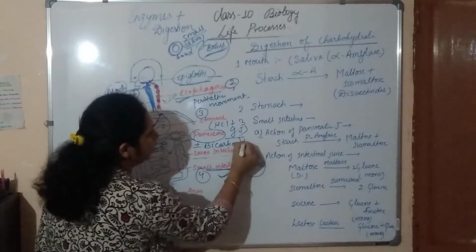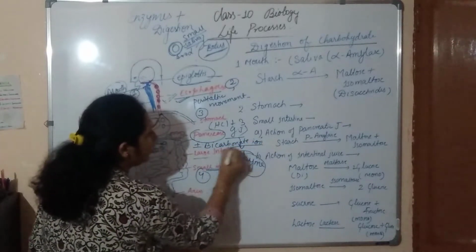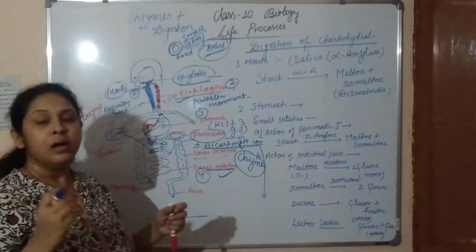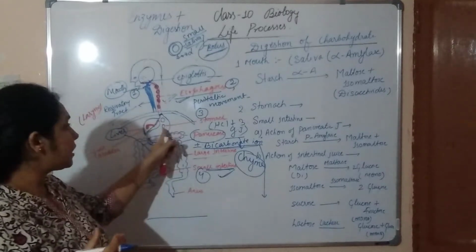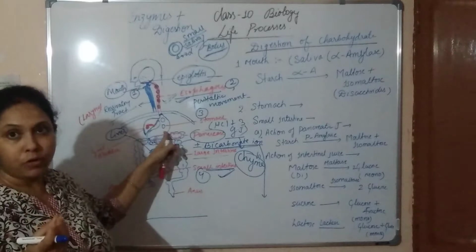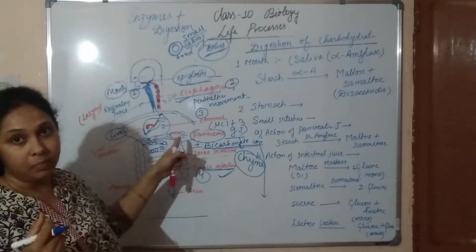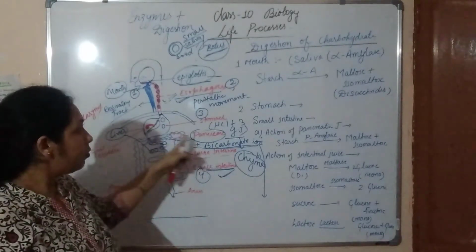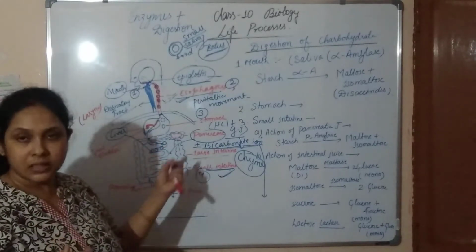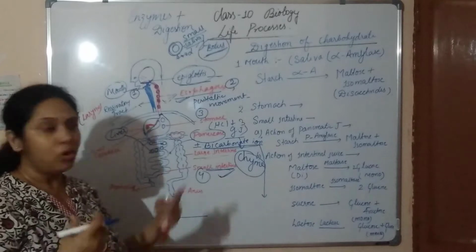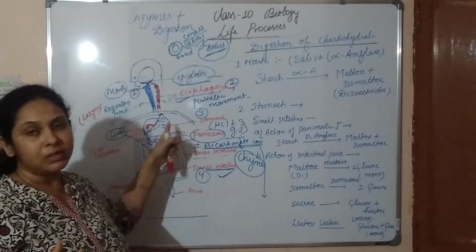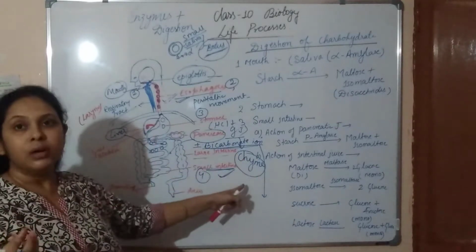Bicarbonate ion. So this bicarbonate ion helps in making the food, because food is coming from the stomach. Whatever food is coming from the stomach is highly acidic because it contains HCl. Now this bicarbonate ion changes the acidic food, that is called the chyme, because after the stomach this food is called the chyme.